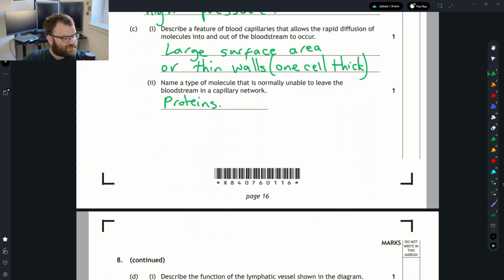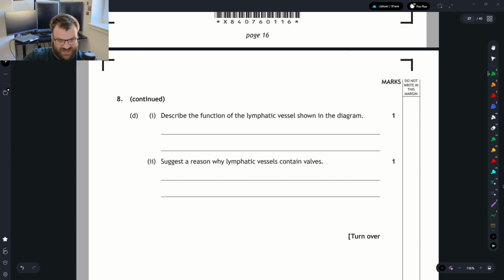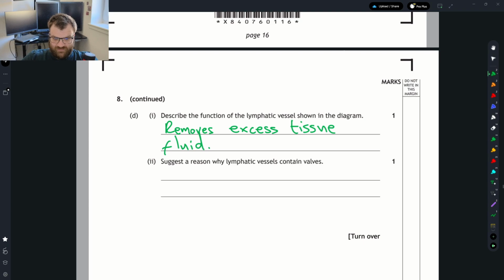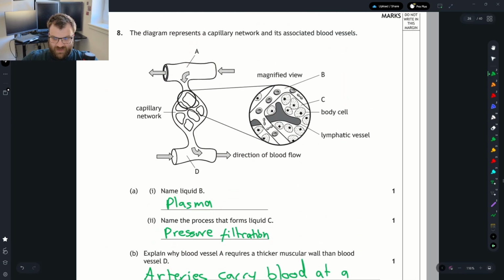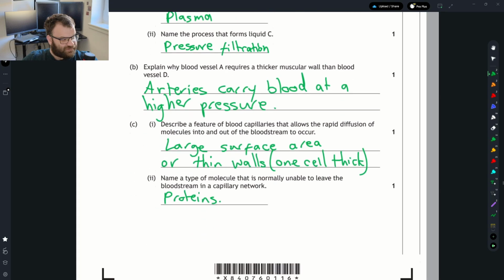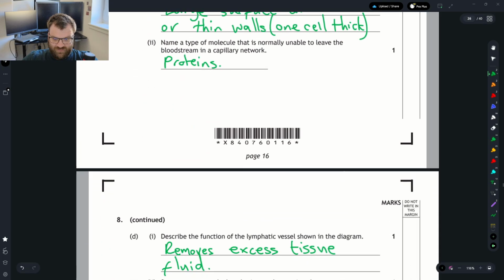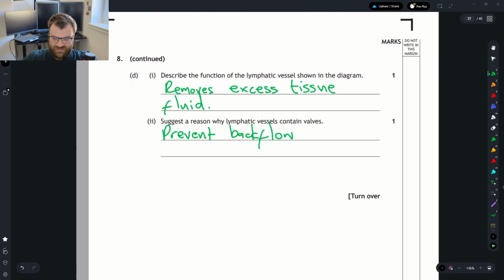Lymph vessel is absorbing the excess tissue fluid and returning it back into the circulatory system. Or that one, valves will be to do with the flow. They prevent the backflow. Now, we're not talking about blood vessels, so it's not only backflow of blood. It would be the lymphatic fluid, tissue fluid, backflow of fluid.